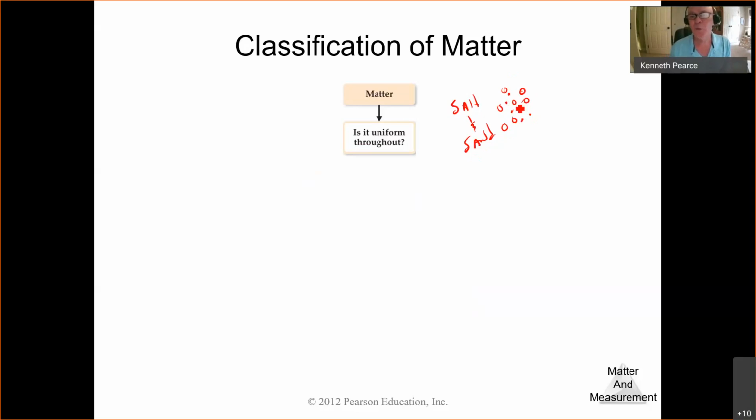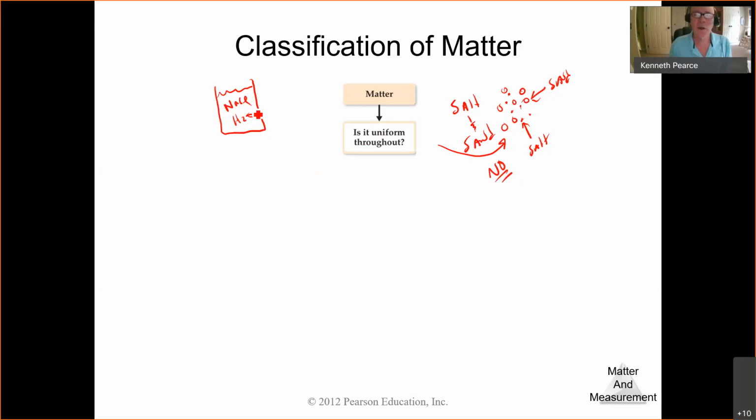Now, is that uniform throughout? Well, if it's uniform throughout, then it would be the same thing all the way through. Okay, and that's not the same thing. These are little salt crystals, and these are little sand crystals, and the answer is no. That would be no. Okay. Now, what would be uniform throughout? Well, let's say we have salt water.